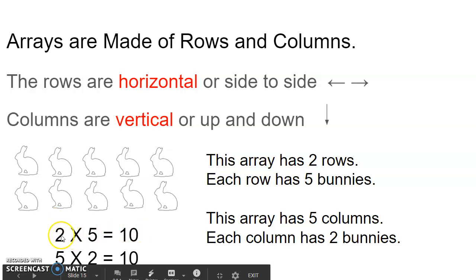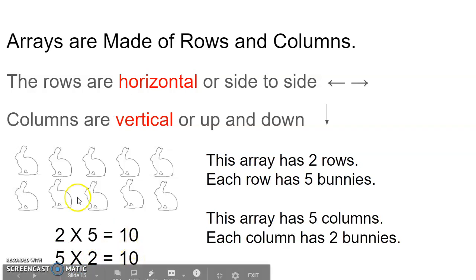So here we've got 2 rows of 5 equal 10, or 2 times 5 equals 10, or 2 groups of 5 items equals 10 items. And then if we just flip it down here, we've got 5 columns of 2 bunnies equals 10 bunnies, or 5 times 2 equals 10.